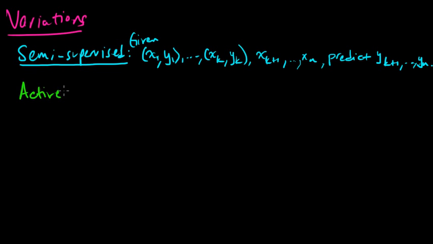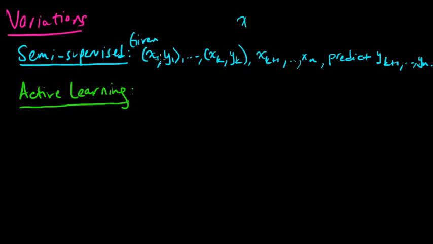Another area which people often talk about is called active learning. Oh, and let me just give you a little example of semi-supervised. Say I've got some data in R2.